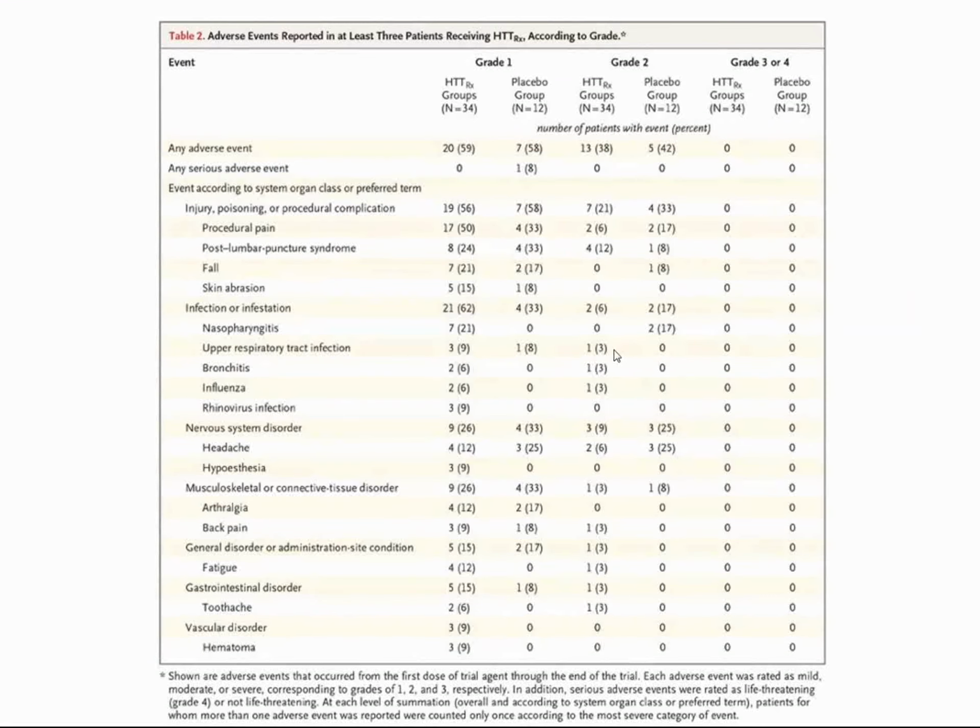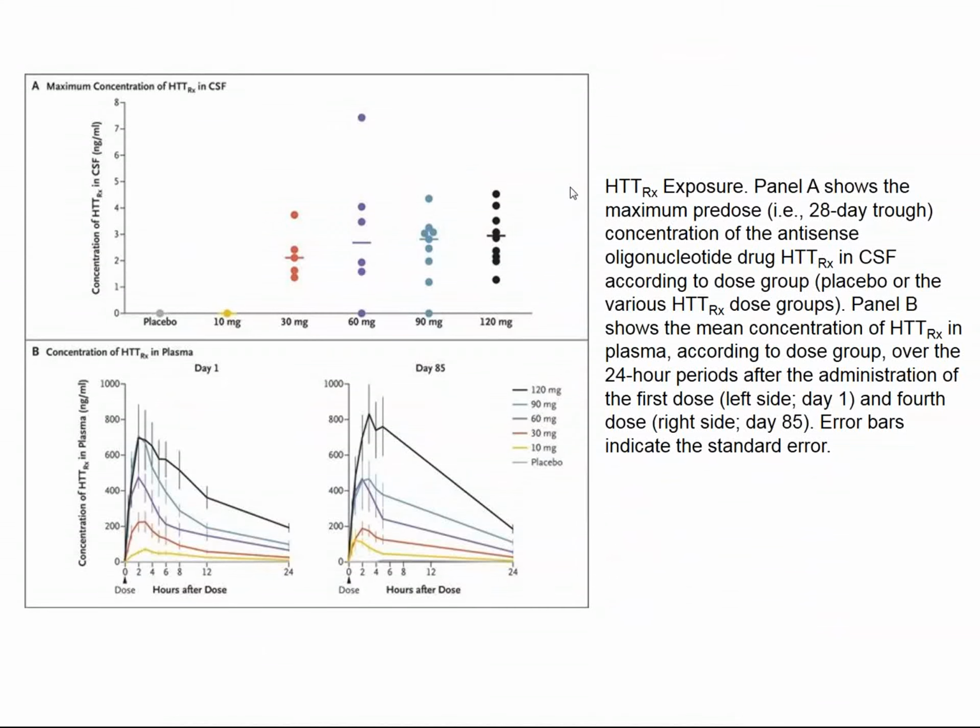And since it's a safety study, the first thing that we're worried about are adverse events. And severe adverse events of grade 3 or 4 didn't occur in either the placebo group or any of the HTTRX groups, although there are some other adverse events, but we're not talking about lethal big-time problems that these investigators were searching for.